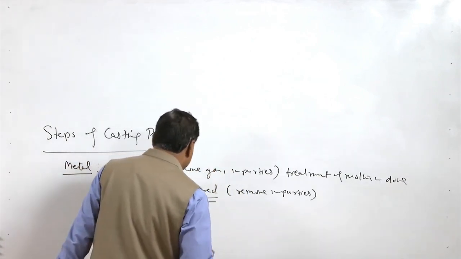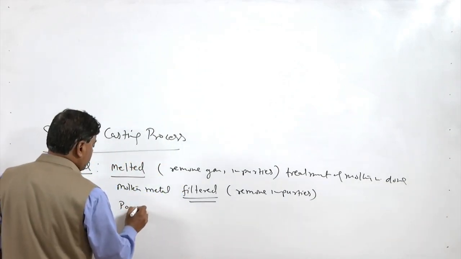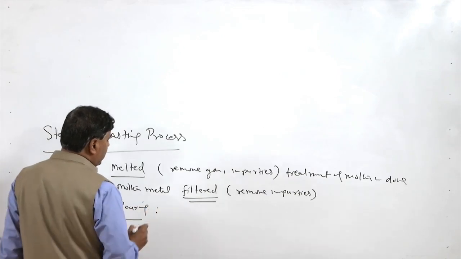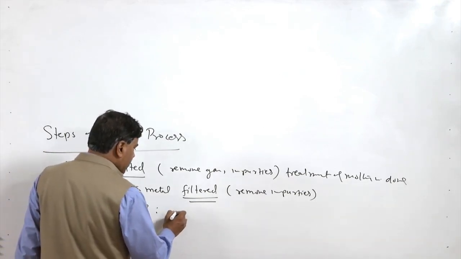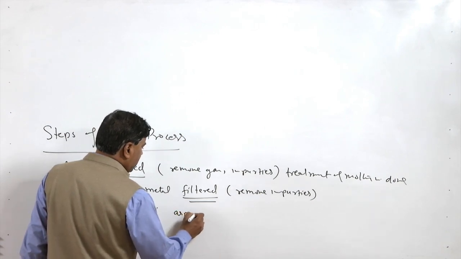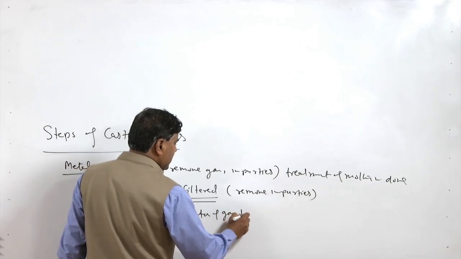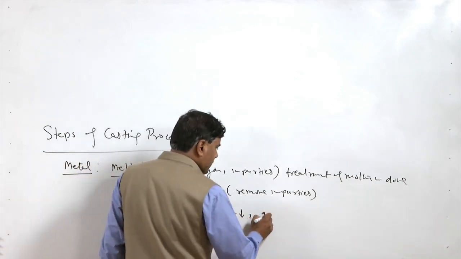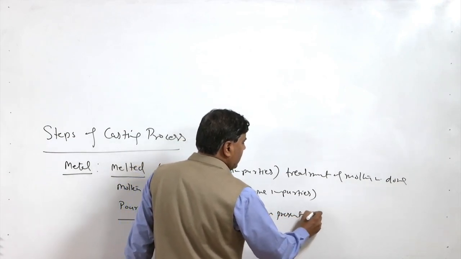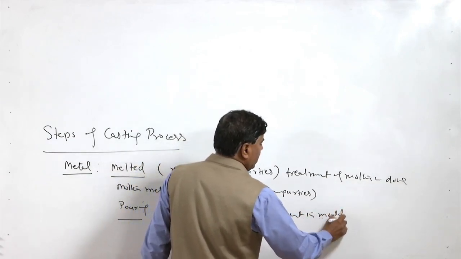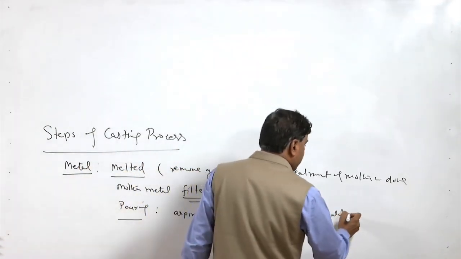And then this molten metal is poured. So, pouring of the molten metal is done in such a way that the aspiration of the gases is less, as well as the gases present in the mold get enough space or time to escape.